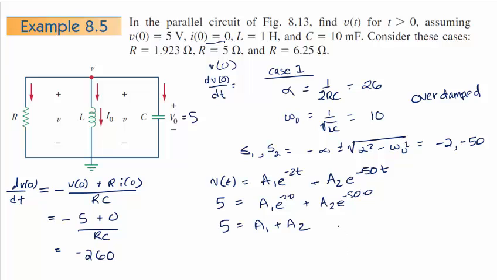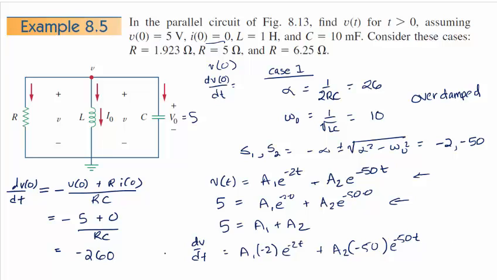So you put that back in this equation, taking the derivative of it: dv/dt equals A1 times minus 2 e to the minus 2t plus A2 times minus 50 e to the minus 50t.